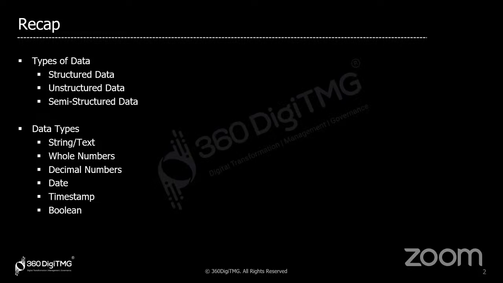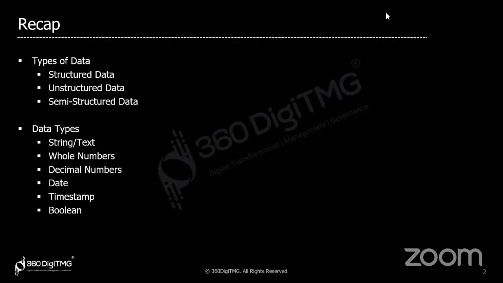We will not be allowed to enter alphabets or decimal values or dates or timestamp. If we have marked something as date, then we can put dates into it. We can't put timestamp into it. If you have marked something as Boolean, it takes only two values, true or false. So we are going to define the type of data that we will be putting into a column by assigning data types to those fields.